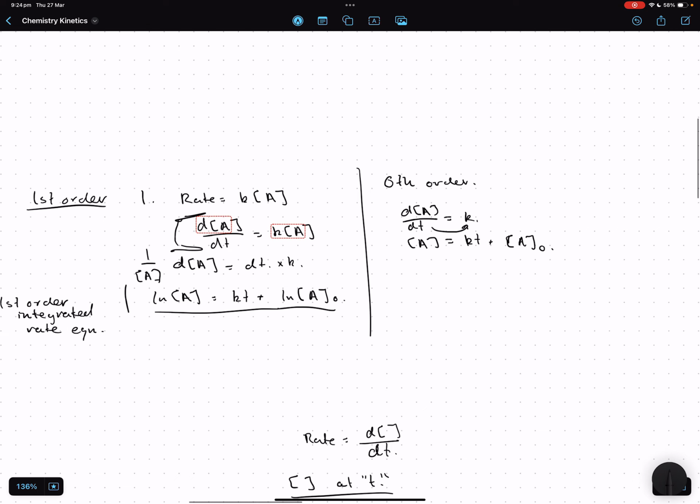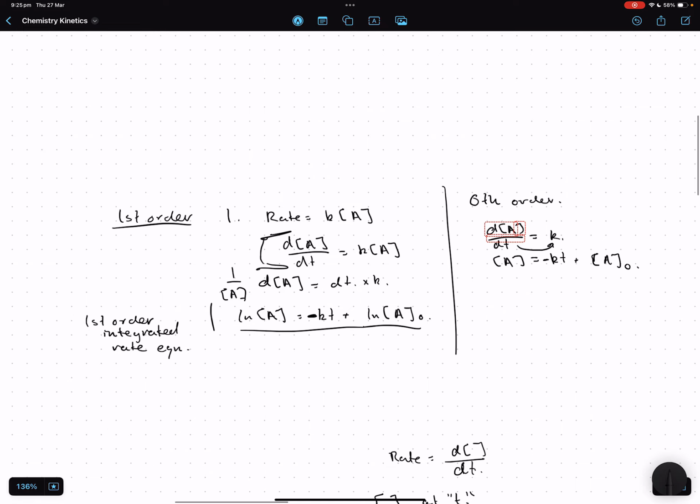Sorry, there's one more thing that I needed to put in there. These are all negatives actually, because this is a rate of consumption. So you see, this is negative.